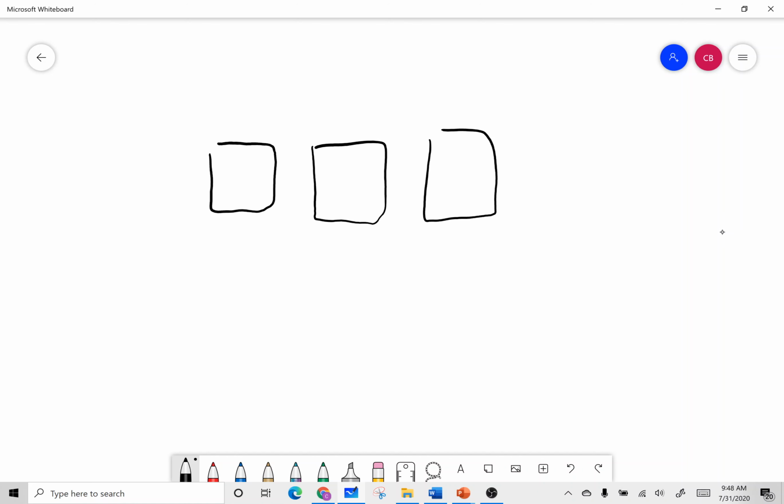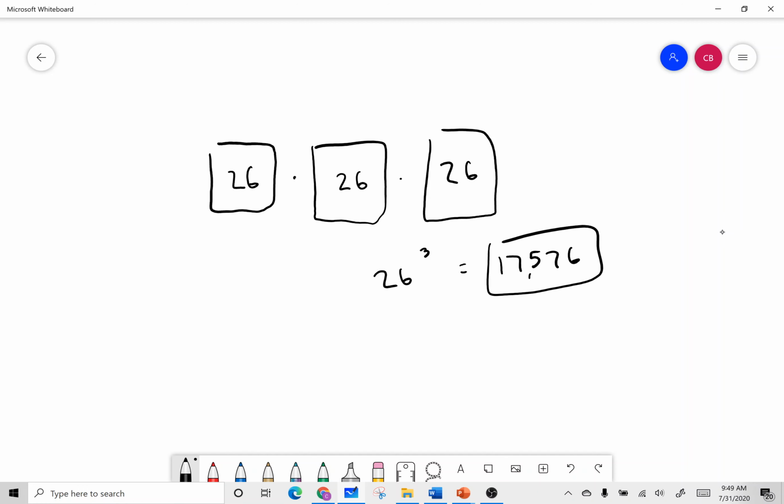And since we're only able to use letters, there are 26 letters in the alphabet. So the first one you can have 26. The second one you can have 26, and the third one you can have 26. And so if we multiply that together, that's 26 to the third, which I don't know off the top of my head, so let me calculate real quick. 26 times 26 times 26 is 17,576 ways, or different combinations.